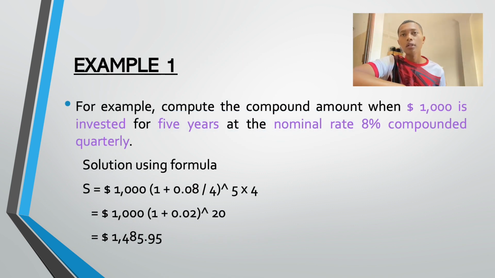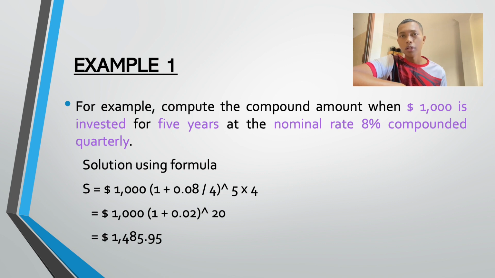Example 1. Compute the compound amount when 1000 is invested for 5 years at the nominal rate 8% compounded quarterly. So, we will use the formula for the solution.